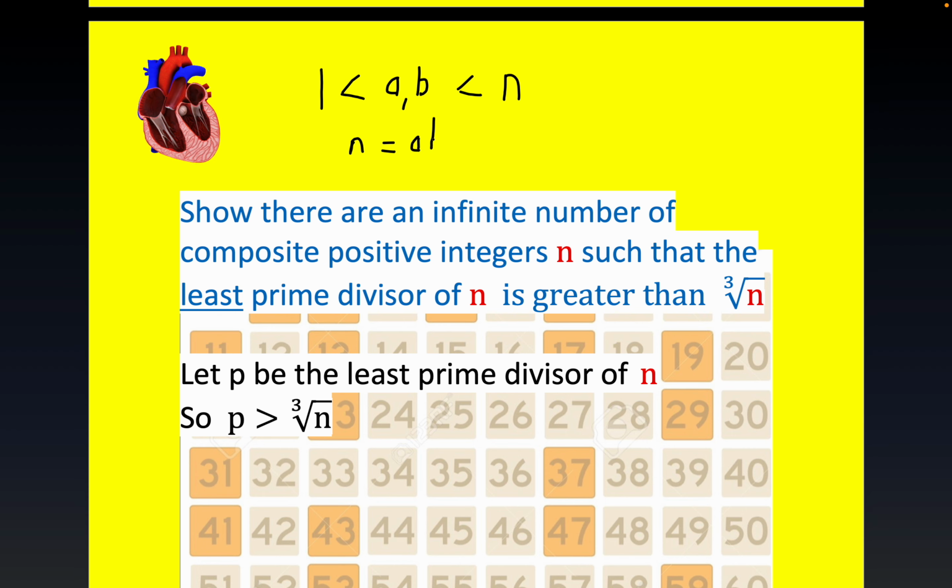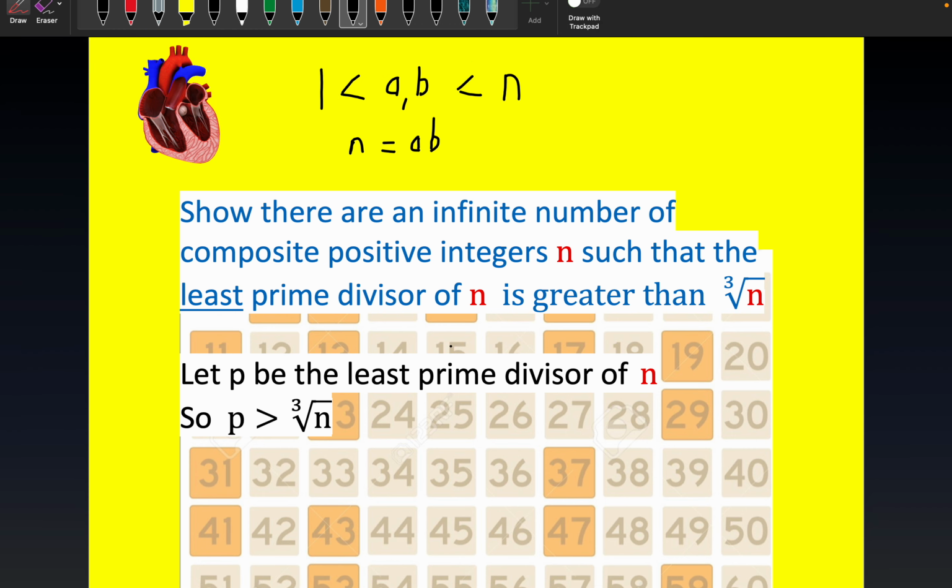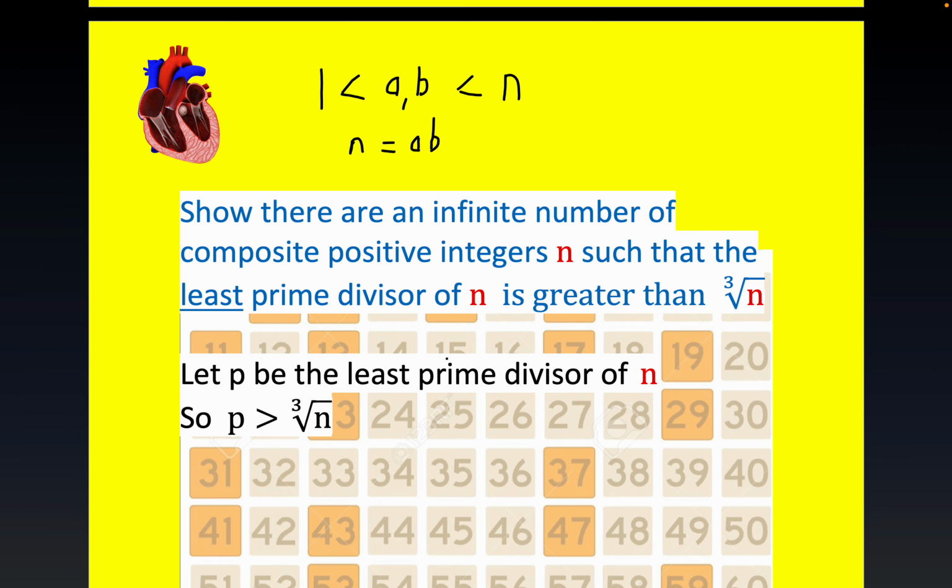Now we want to show there are an infinite number of composite integers with this condition that appears to be sort of restrictive. Every composite integer is going to have a least prime divisor.